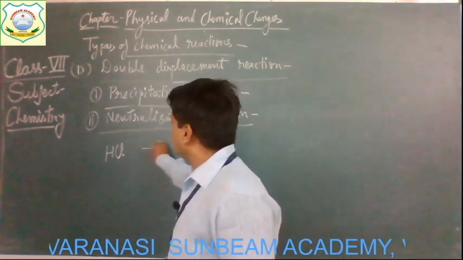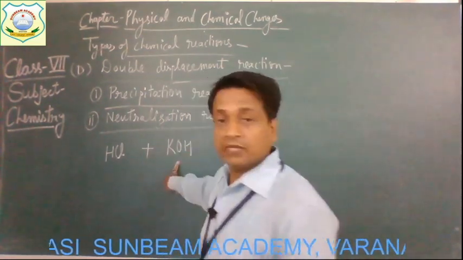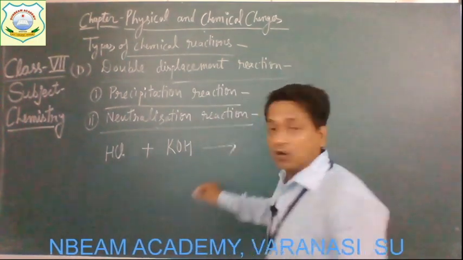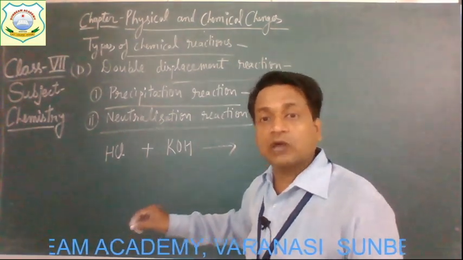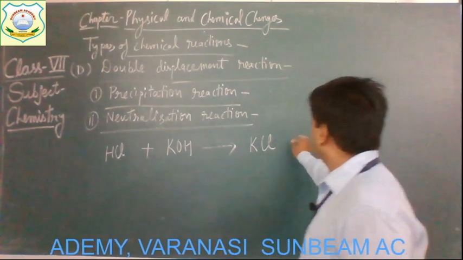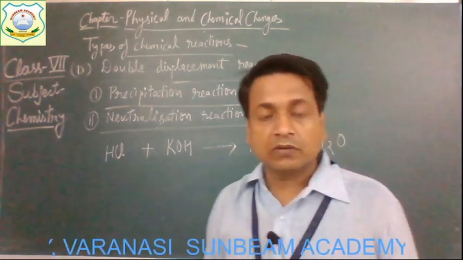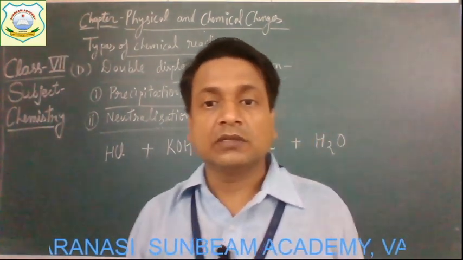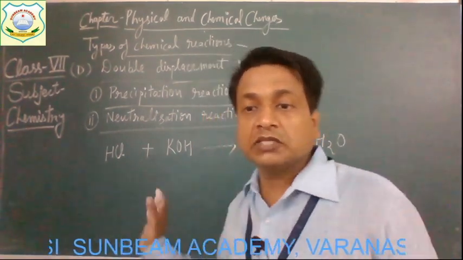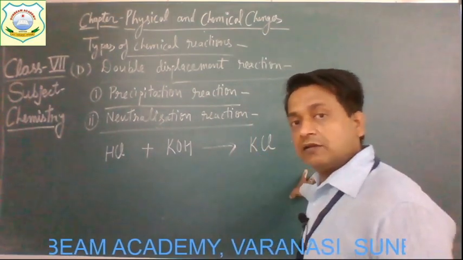So when this acid reacts with a base, that is potassium hydroxide, KOH, it will form a salt, that is potassium chloride, KCl, and along with it forms water. Understood? So what are the products formed in this neutralization reaction? Yes, potassium chloride and water.